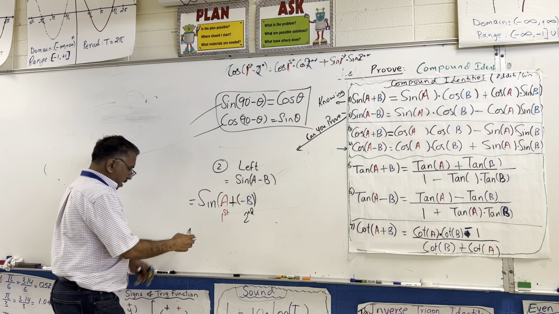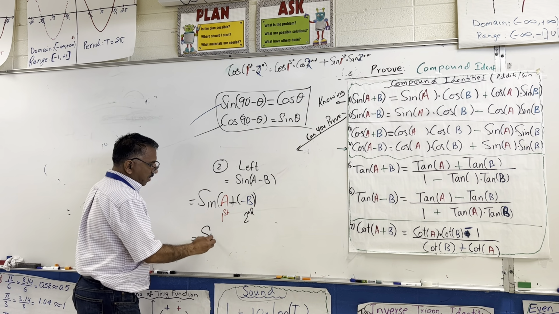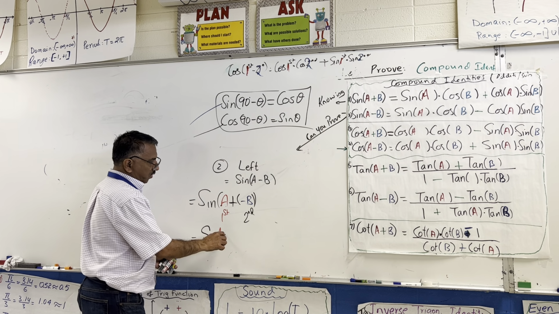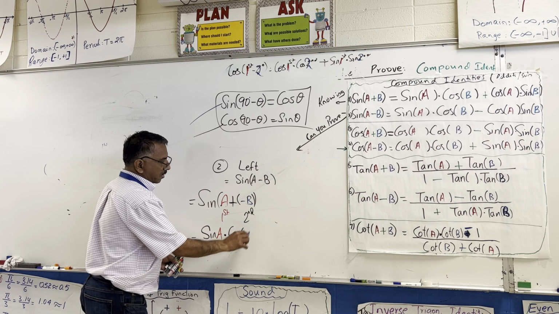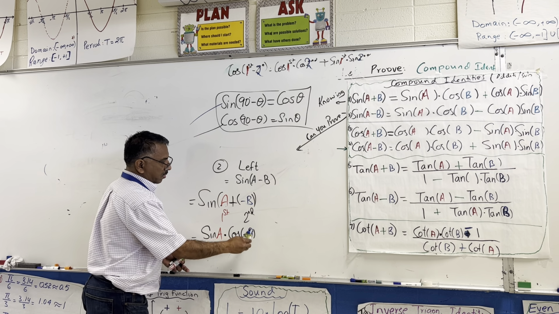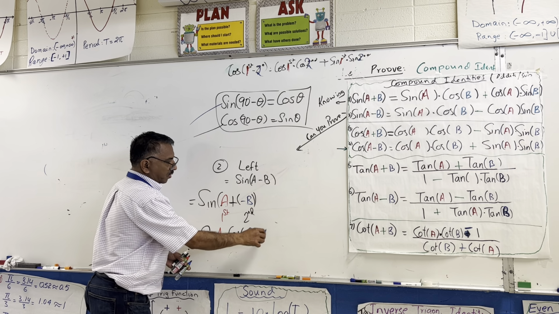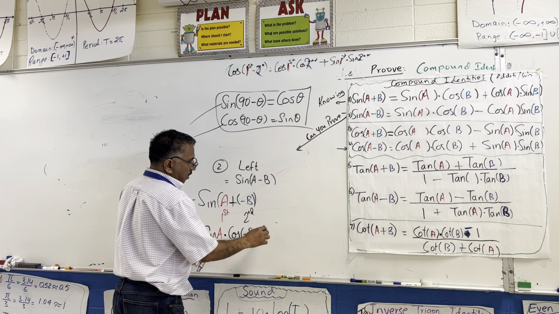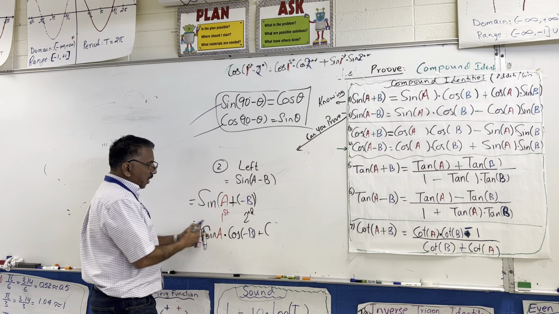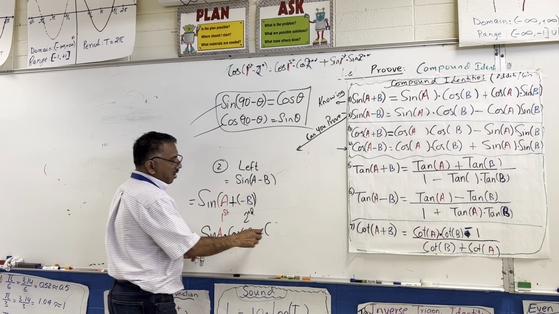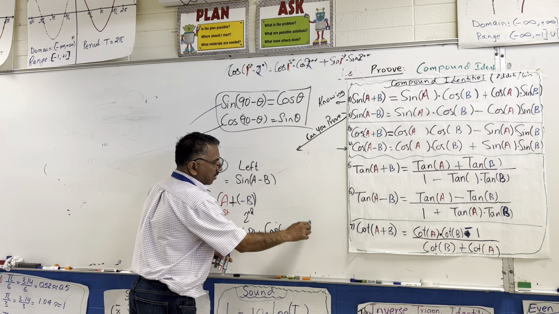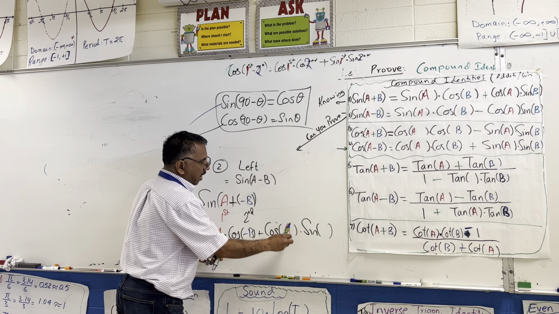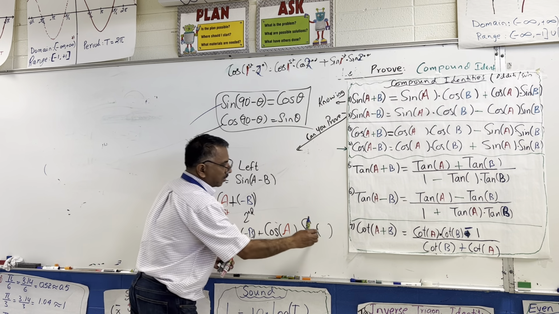So sine A, sine of the first, cosine of the second, plus, using formula number 1, cos of the first, now you swap sine and cos, so it is cosine minus sine. All you do is put the first one, then the minus.